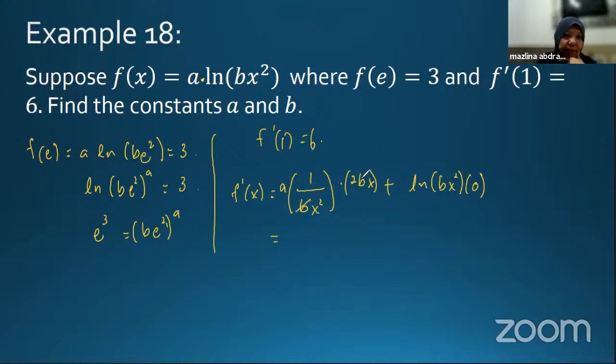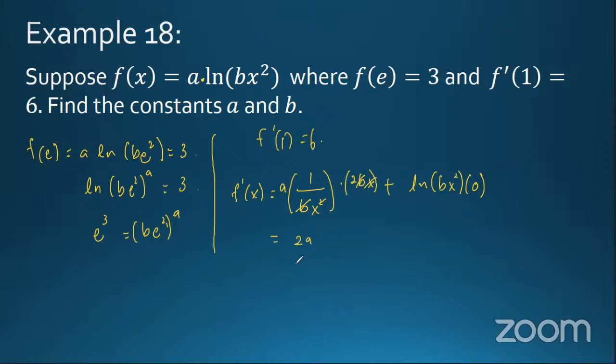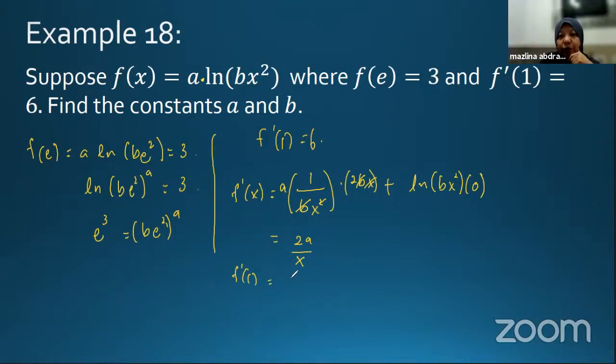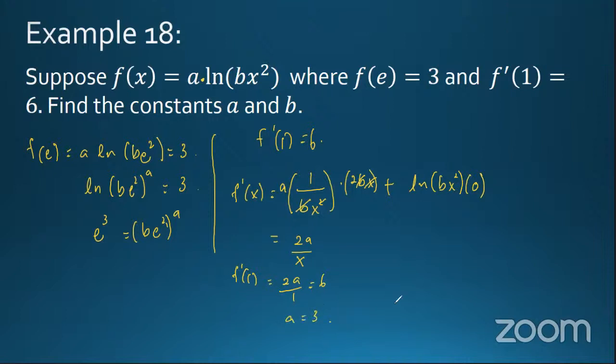They cancel out B, B, x dengan this. So what left is actually 2A over x. Betul? So f prime 1 is equals to 2A over 1 is equals to 6. Therefore, A is equals to 3.